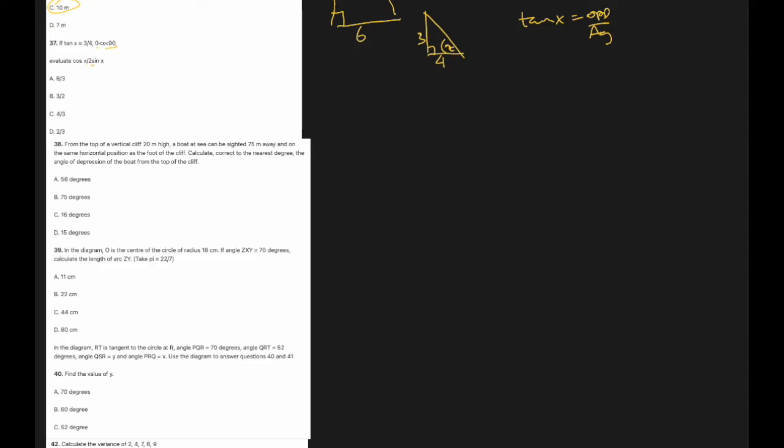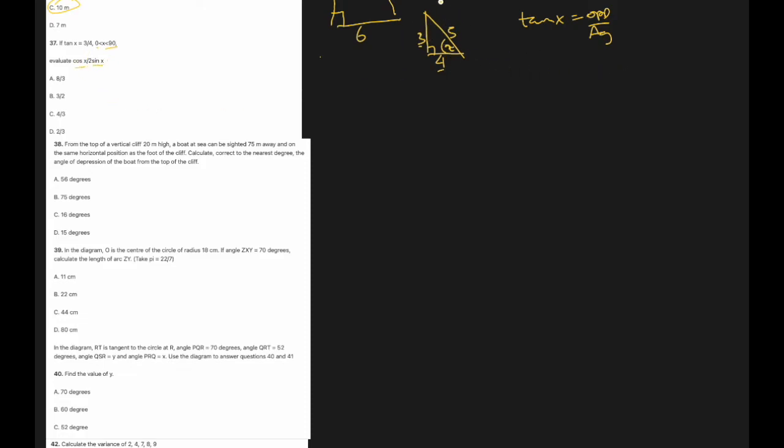Evaluate cos x over 2 sin x. So by the Pythagorean theorem we did in the previous part, we can find the third side. I can see it's 5. 3 squared plus 4 squared will be 25 and the square root of 25 is 5. So now they want us to find cos x over 2 sin x.